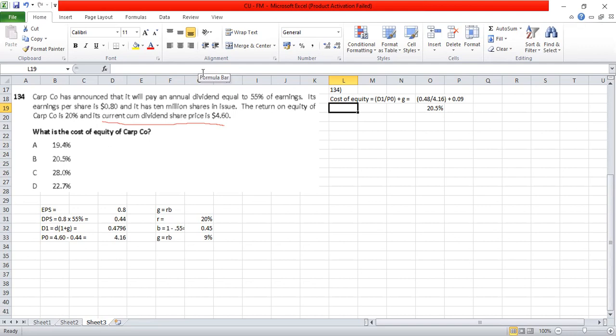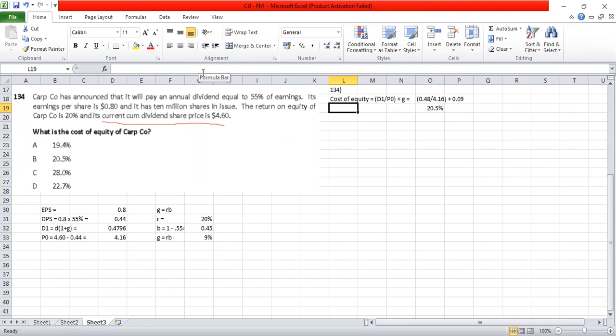If they are paying 55% of earnings as dividend, they are not paying 45%. So 1 minus 55% is 45%, which they are retaining. So growth is the return, 20%, into the retention ratio, 0.45. Multiplying both of them, we got 9%.